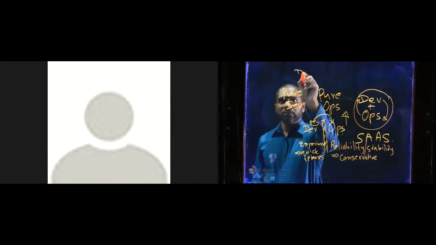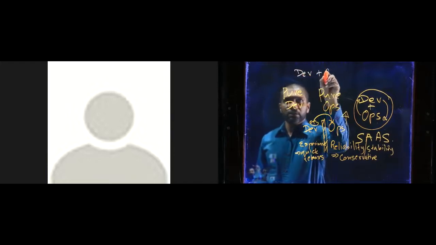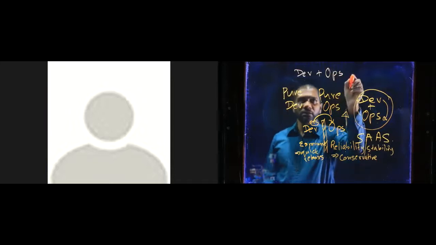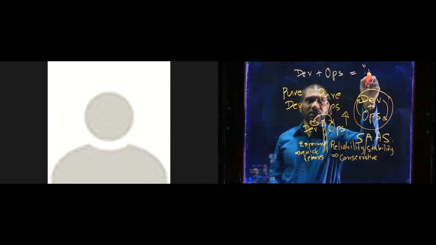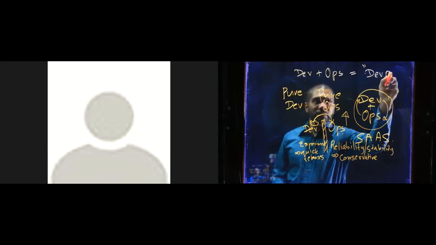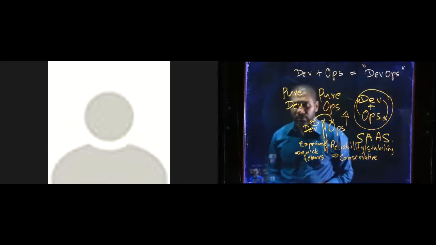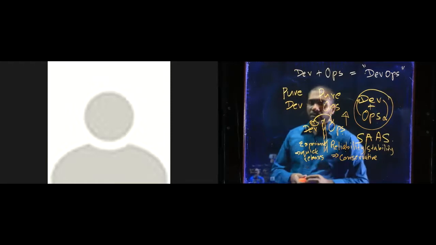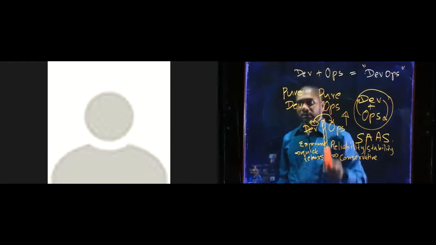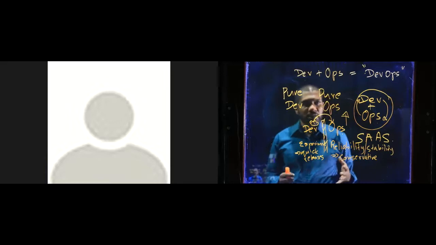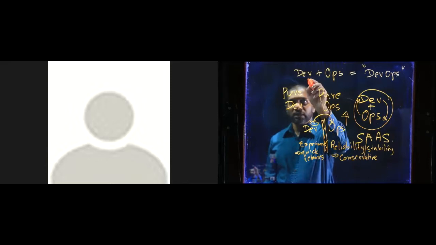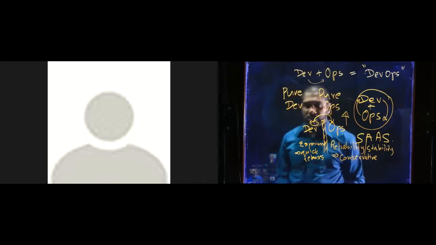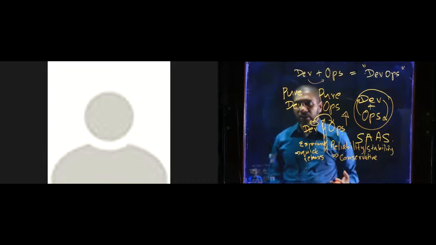And therefore, they said, okay, let's not have this strict separation. Let's combine development and operations. And they came up with this term called DevOps. So on the one hand, this means that the development team have more say in the operations, meaning they have to take more responsibility for deploying their software in operations.